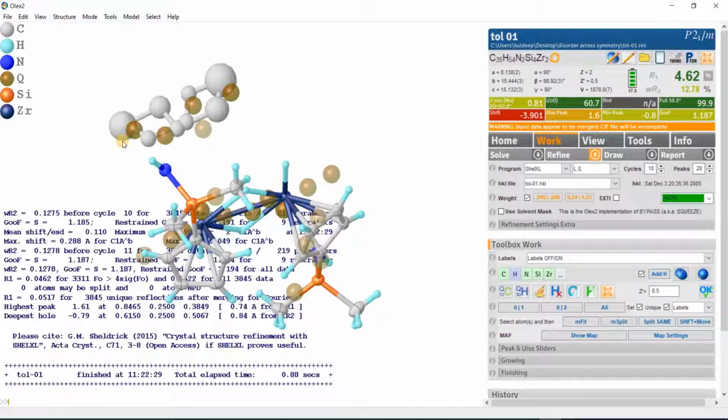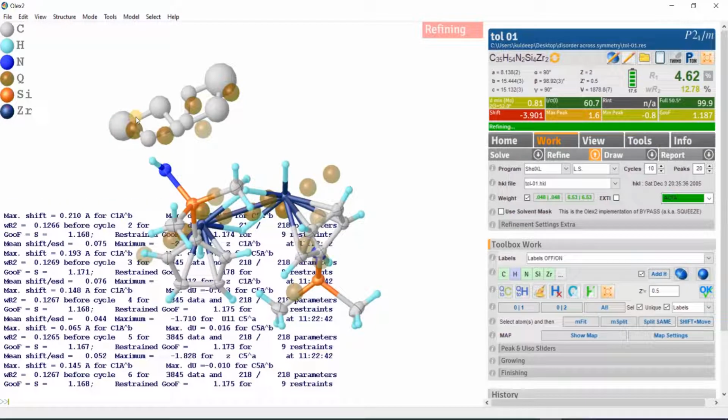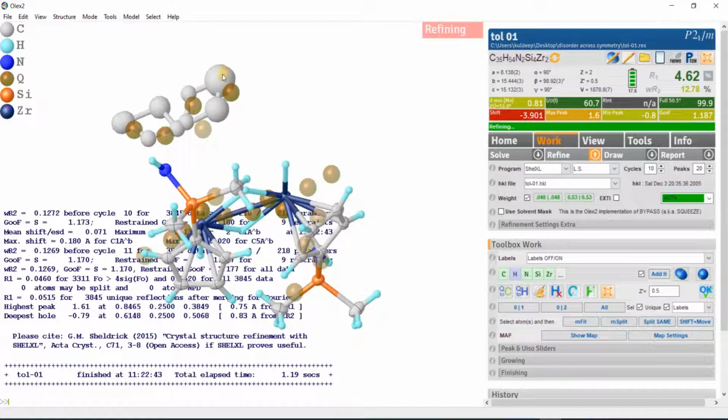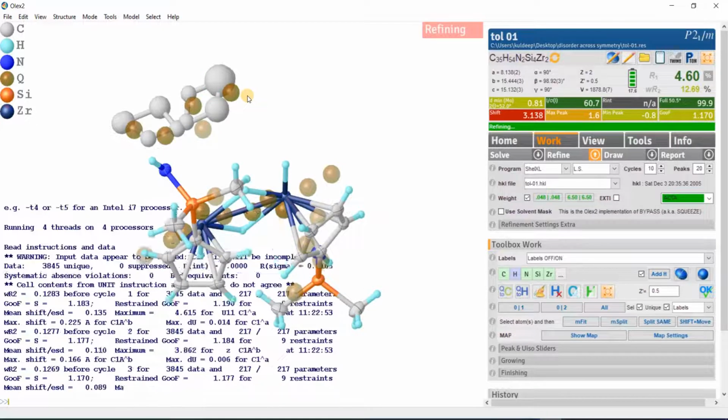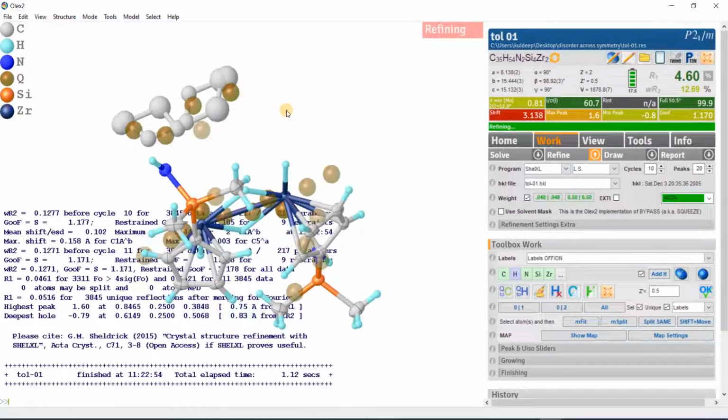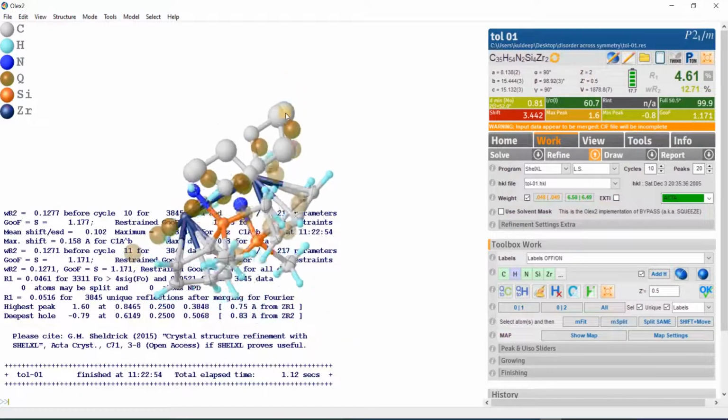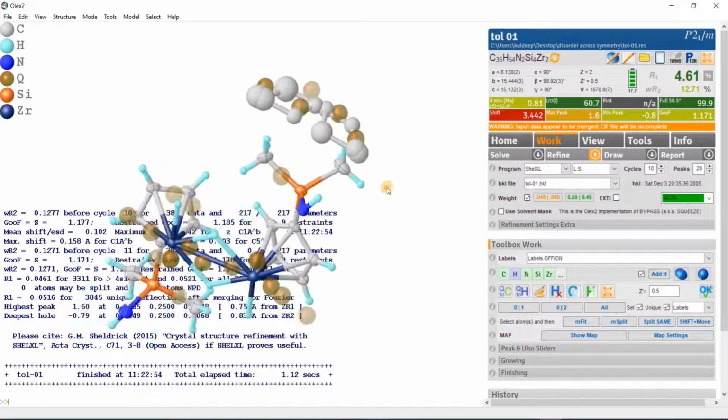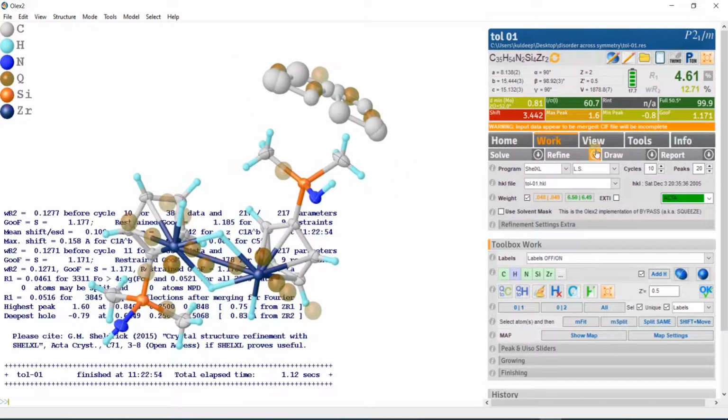I'm going to refine. Nice. And these two atoms will get EADP. Okay. Now it seems to be very nice. Refine so the shift gets stabilized. Refine one more time.